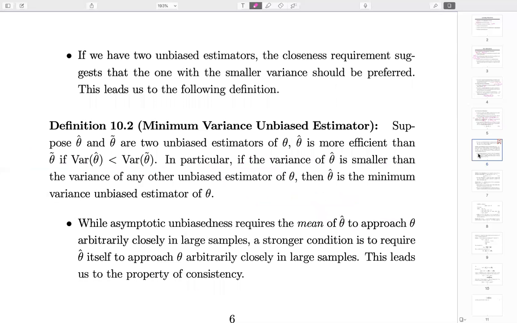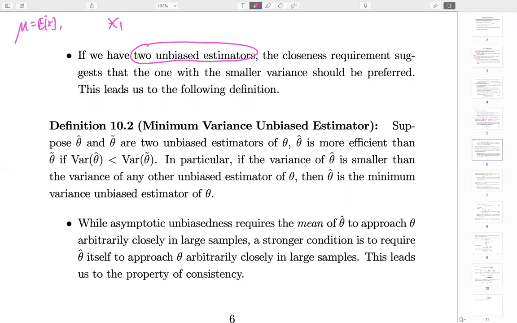Okay. Next, it's likely that you may be able to construct two unbiased estimators. Well, it's very easy to see, right? For instance, if you want to know the true mean, I can just sample one. I can just ask one student and use his or her age as the sample mean, right?